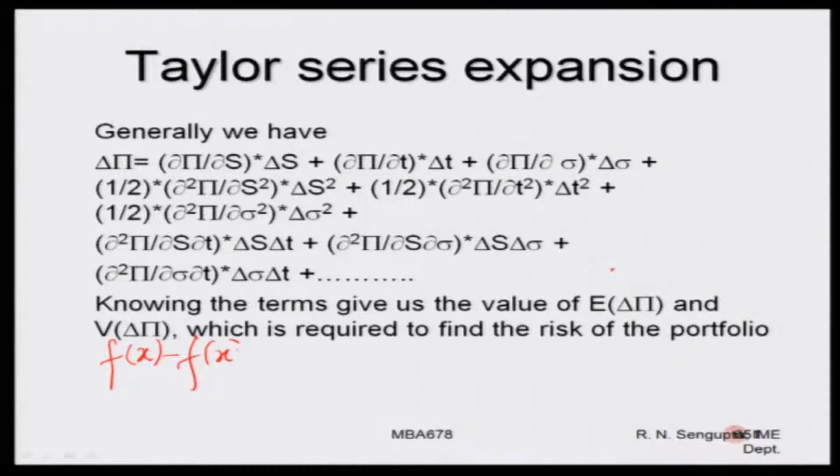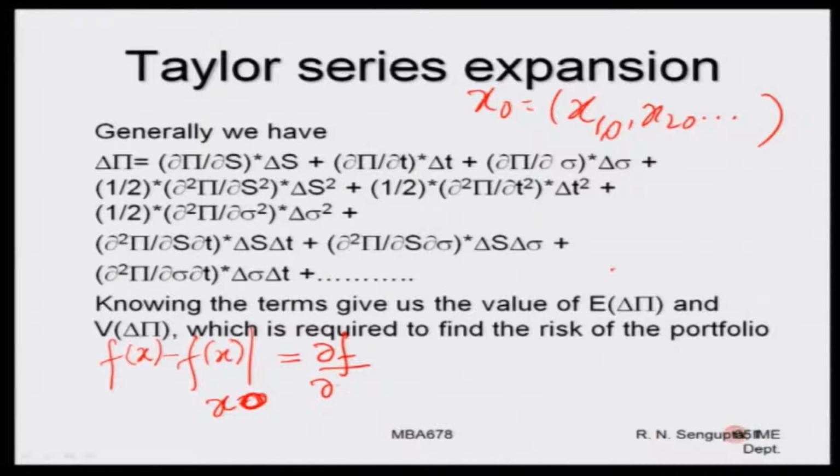Sorry, x naught is also for the case where it is a vector. So, x naught is the first variable's zero value, the second variable's zero value, and so on. This would be equal to the rate of change of f of x with respect to x1, the first variable, plus all the other variables till x k.